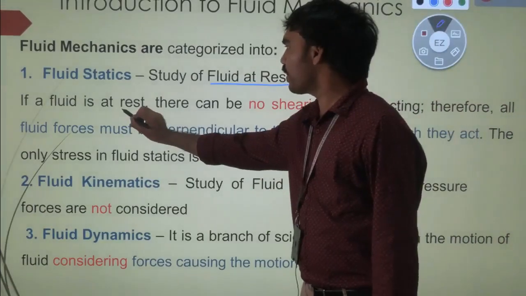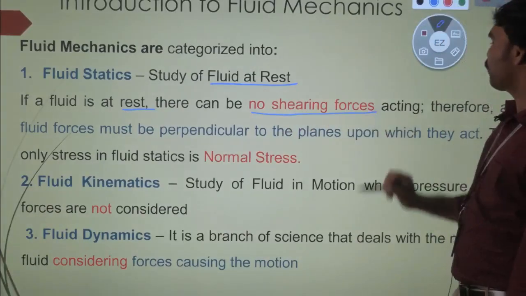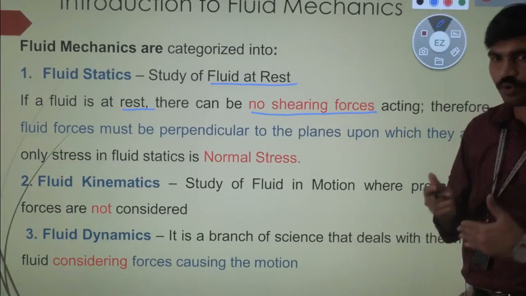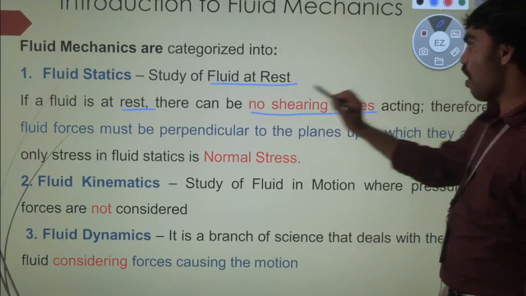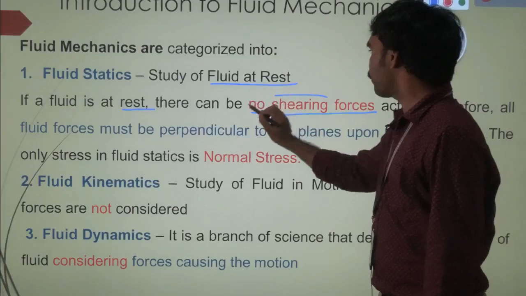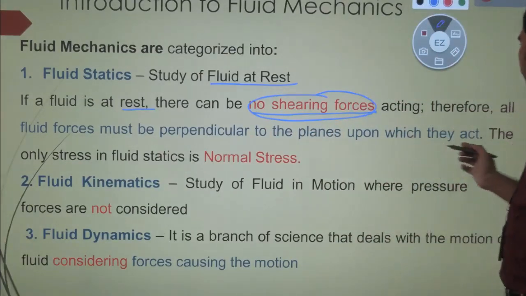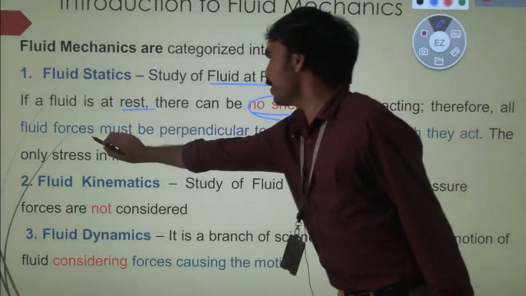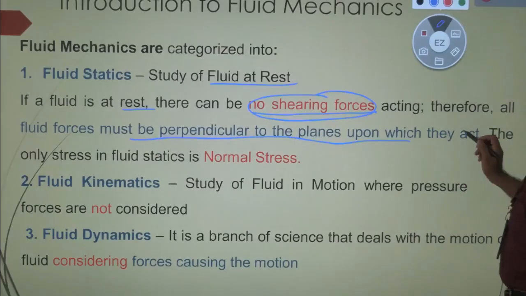What is meant by fluid at rest? Fluid at rest means there is no shear force acting on it. One important assumption is that all the fluid forces must be perpendicular to the plane upon which they act.